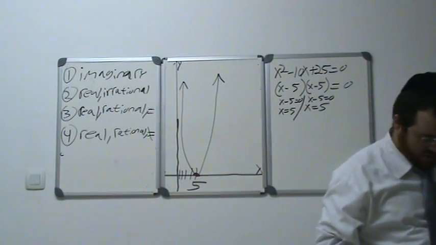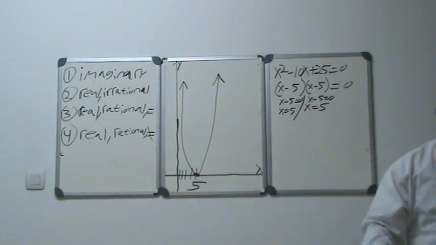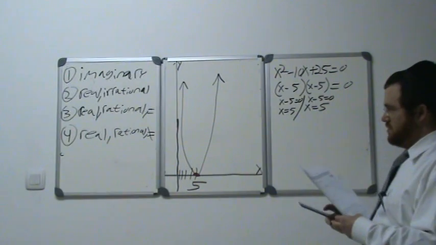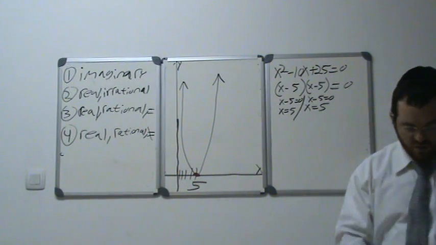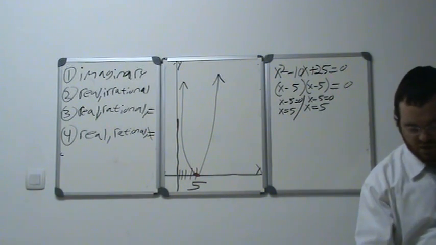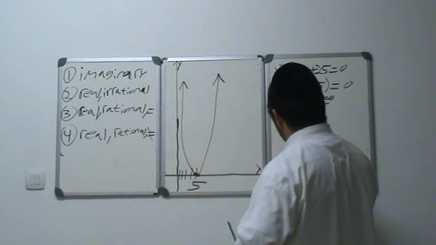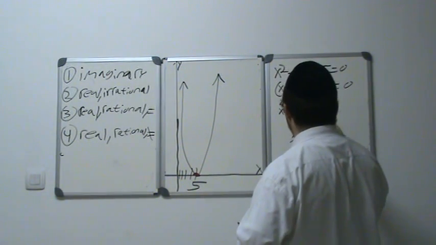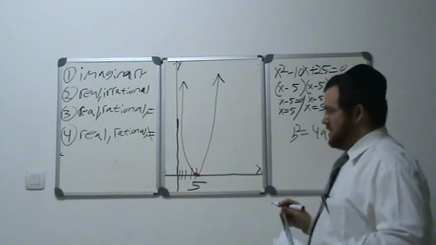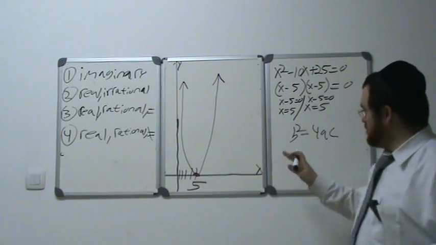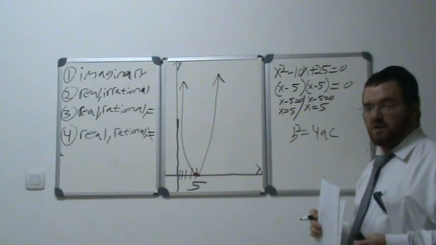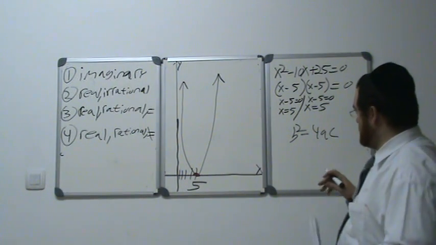And the question is, is it imaginary? It is not imaginary, because if you use the discriminant rule, which is b squared minus 4ac, then b squared has to be equal to 4ac. That's also finding the roots.